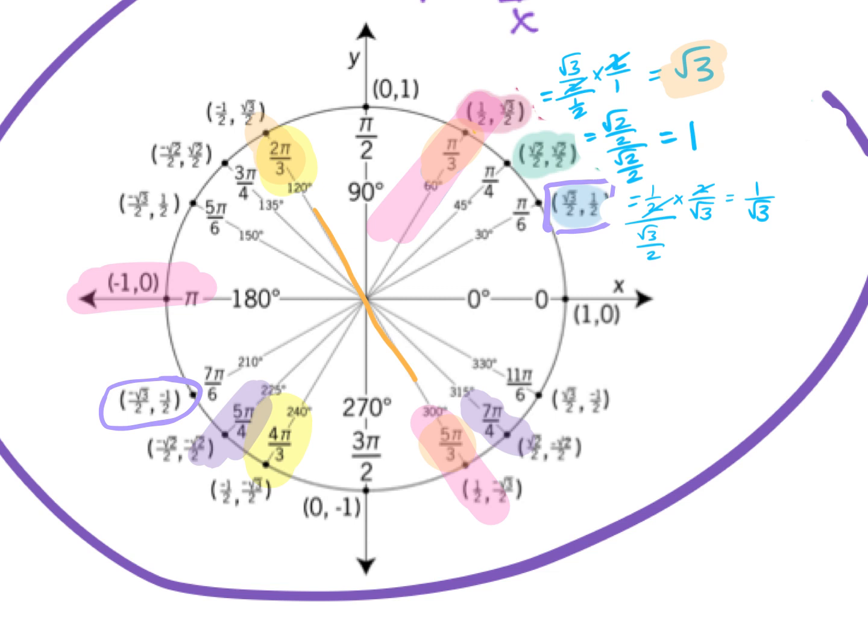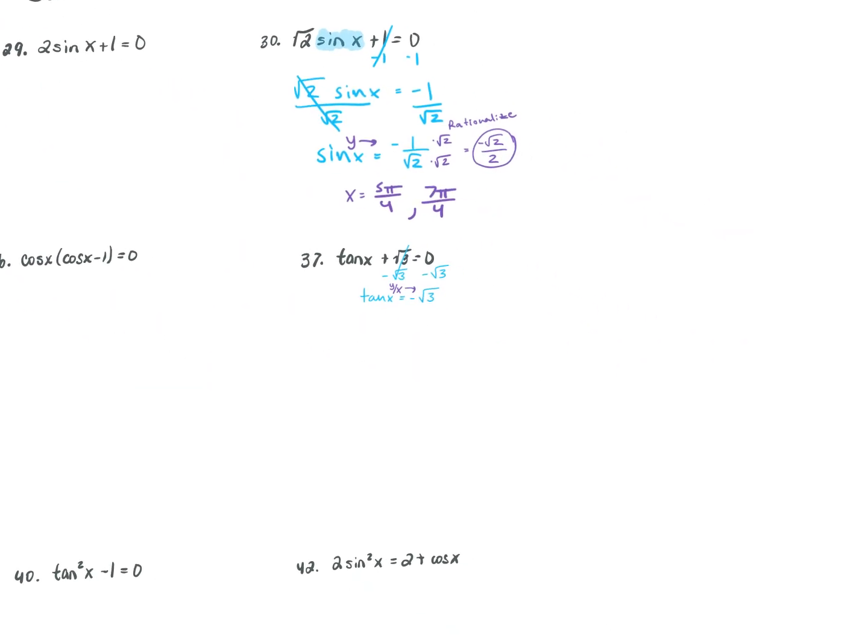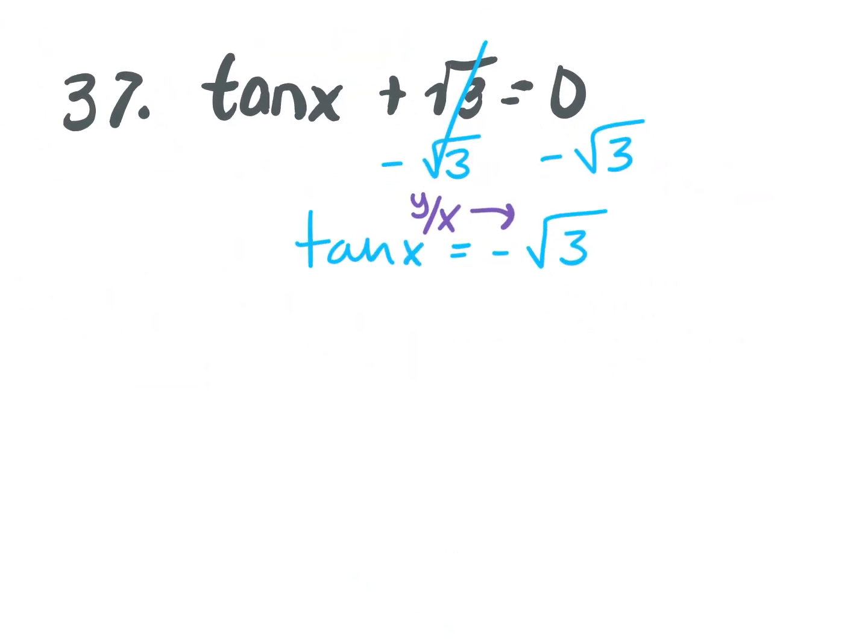So because we found positive square root 3 at pi over 3, the one opposite of that is also positive. But then the ones with the same denominator are going to be negative, the other 2 that are opposite of each other. So we have 2 pi over 3 and 5 pi over 3. So x is equal to 2 pi over 3 and 5 pi over 3.